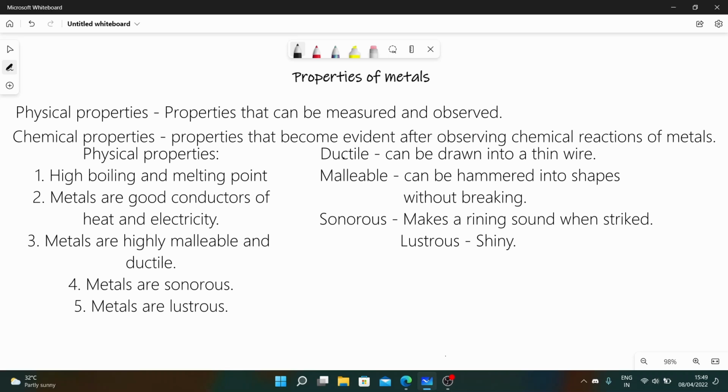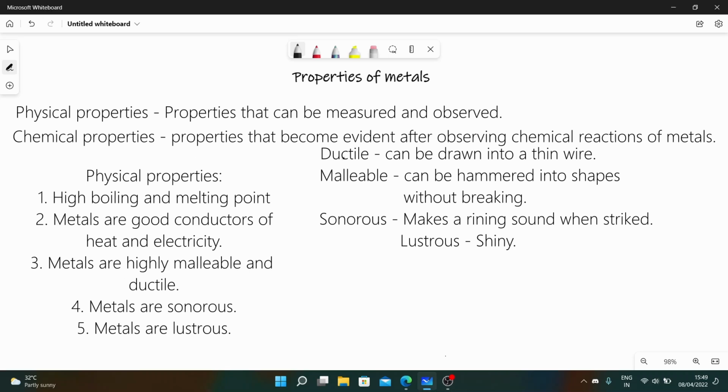If you noticed, your kitchen would be filled with utensils made of metal. We use metals in our kitchen because, one, they have a very high melting and boiling point, so they won't melt when heated for cooking, and another important reason is that metals are good conductors of heat.